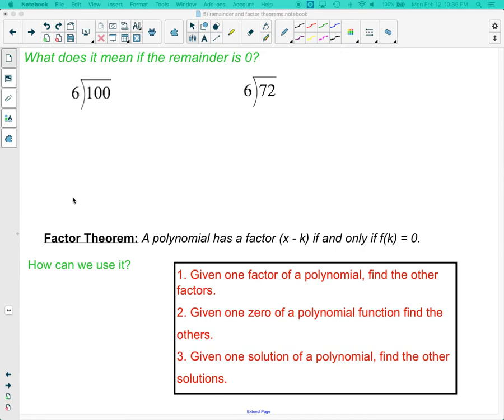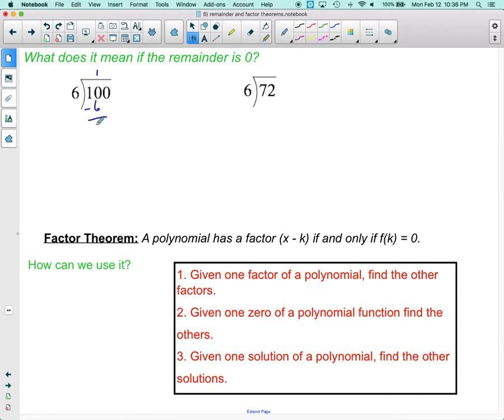What do we get when we divide 100 by 6? 6 goes into 10 once, that gives me 6, subtract the 6, 4, bring down the 0, 6 goes into 40 6 times, which is 36, minus. So this gives me an answer of 16 and 4/6, which I know can be reduced, but let's leave that for right now.